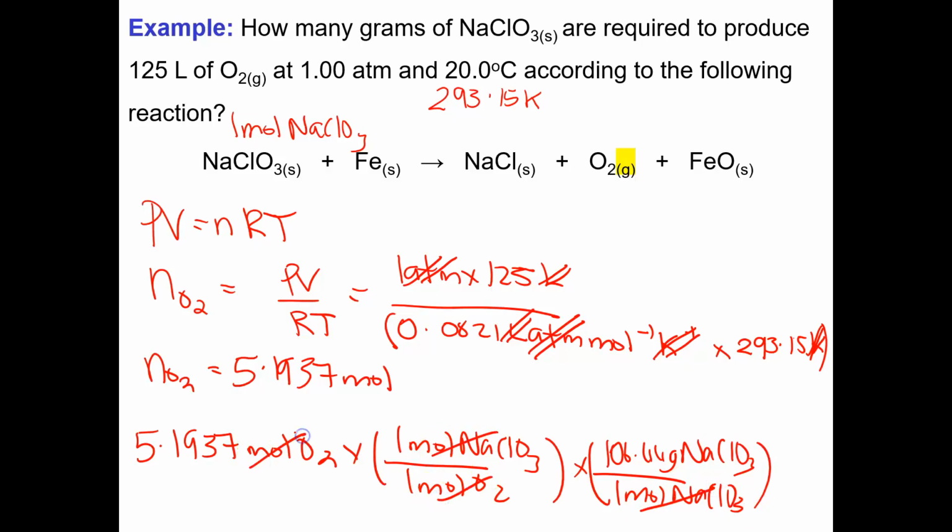And if we check our units, you can see that everything works out. And when I do that to three significant figures, it works out that I need 553 grams of sodium chlorate.